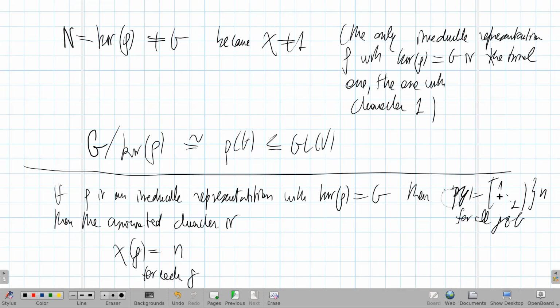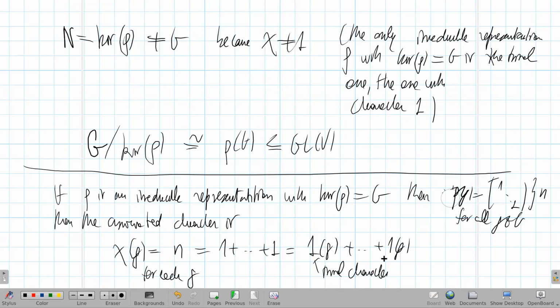Because the trace of this is n. But this is 1 plus 1 plus 1, n times, and this is simply the value of the character n times the trivial character.